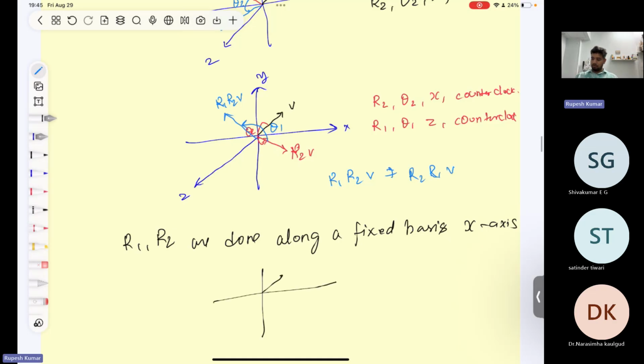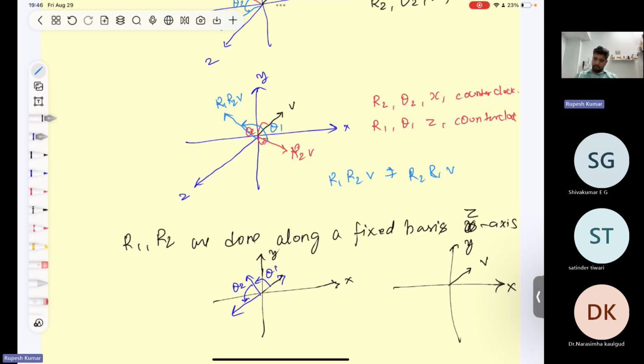This is always true. So this is vector 1, you rotate by angle theta. No, let's take the z-axis so that the visualization is easy. This is x, this is y, right? Now let's rotate by angle theta 1 here. You get this vector, and then rotate by angle theta 2 here, you get this vector, right? You do the same thing here. For both rotations, I have fixed the axis around which we are rotating.